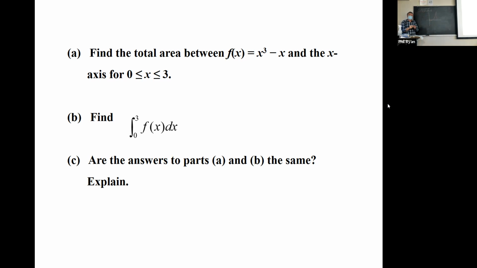Plus that. So if we call this area 1 and this area 2, then the answer to A is area 1 plus area 2, because I'm asking for the total area, and area is additive.